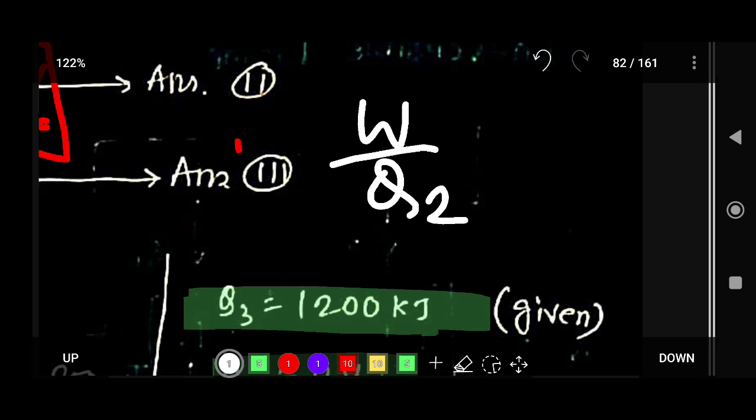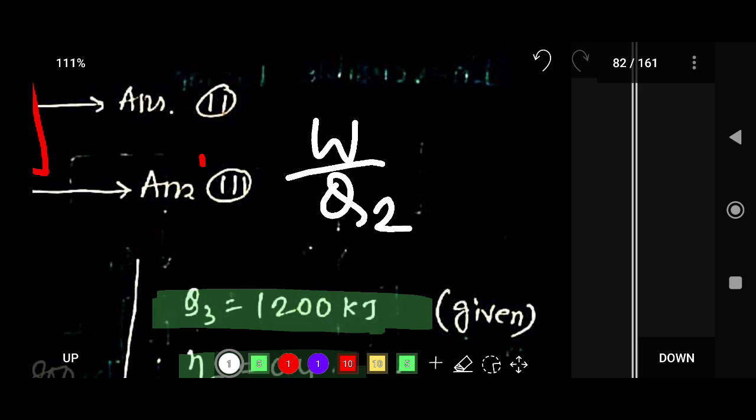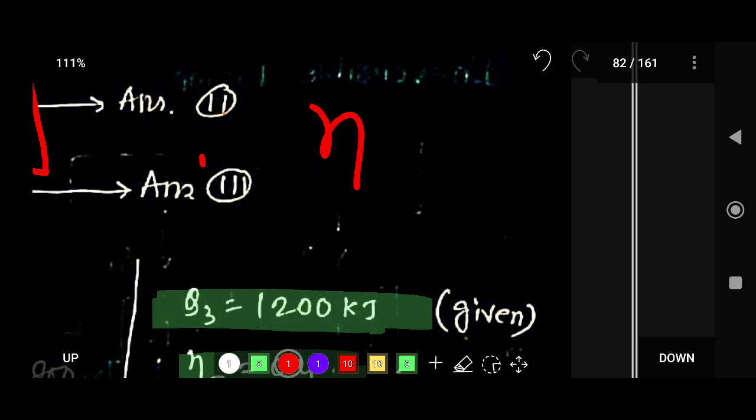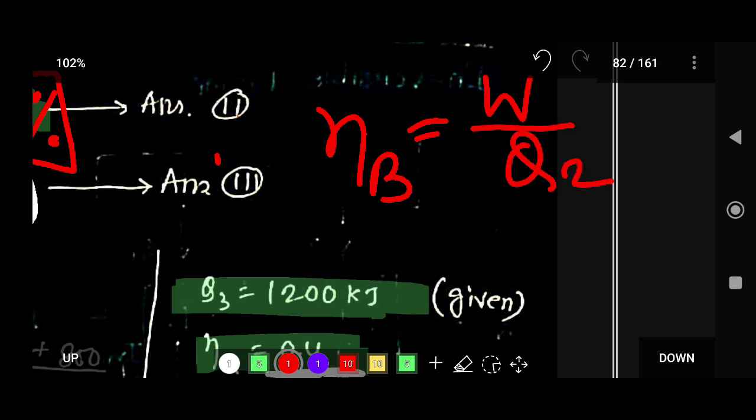So the efficiency of engine B is 0.4. Efficiency of engine B is basically output, that is W, by input, that is Q2.